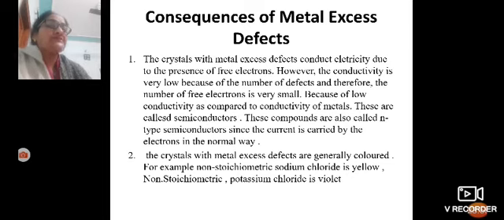Because of low conductivity as compared to the conductivity of metals, these are called semiconductors, and these compounds are called n-type semiconductors since the current is carried by the electrons in the normal way. Second, the crystals with metal excess defects are generally colored. For example, nonstoichiometric sodium chloride is yellow and nonstoichiometric potassium chloride is violet.